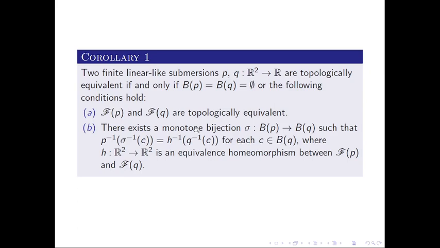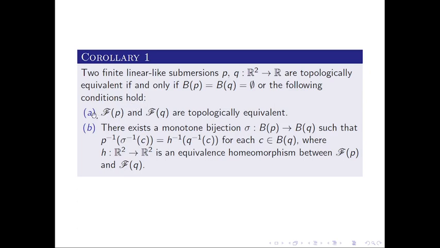And we have too the following corollary. We prove that two finite linear-like submersions P and Q are topologically equivalent if and only if their bifurcation sets are empty or the following conditions hold.